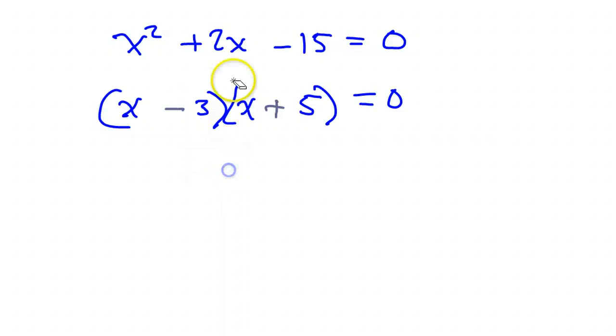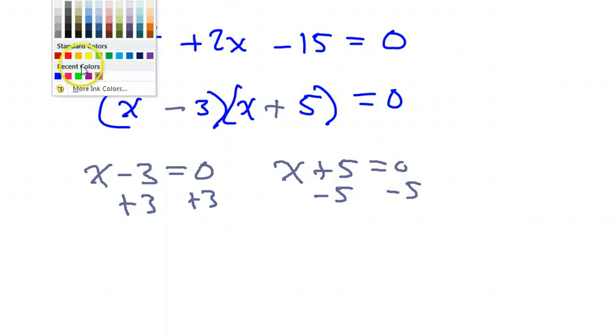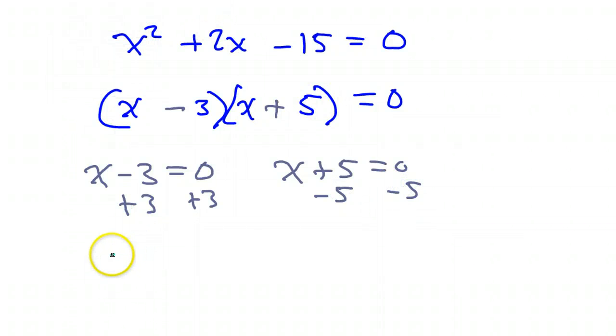So I need to follow through. To find the solutions, I'm going to set these factors equal to 0 and solve. So x minus 3 is equal to 0. X plus 5 is equal to 0. Adding 3 to both sides here. Subtracting 5 from both sides here will give me x equals 3, x equals negative 5.